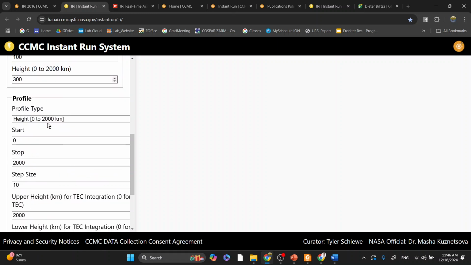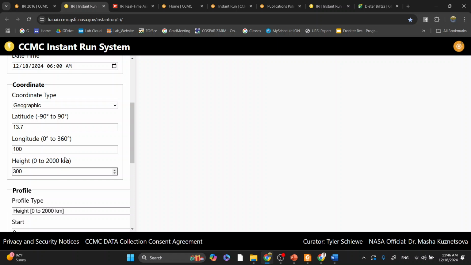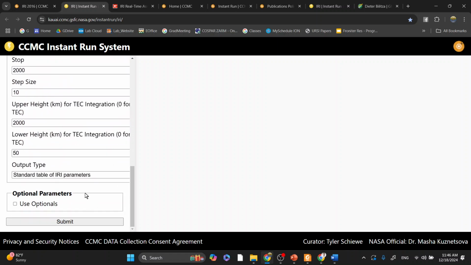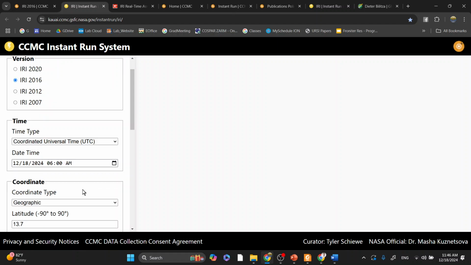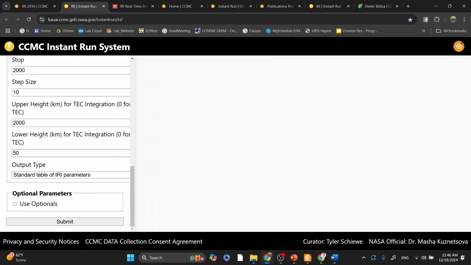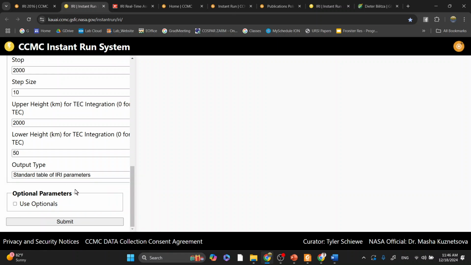For example, if you put the range of profile height, I don't want to do it because I just want to look at a certain height, like 300 kilometers. That's all. And then standard. So here's the list of what you want. Let's go with standard parameters.